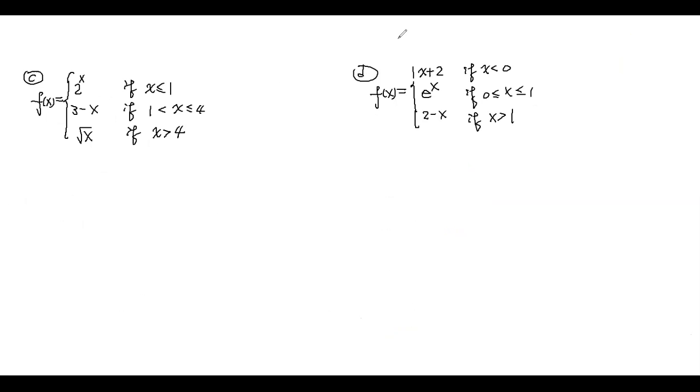Okay, so now let's take a look at the next two problems here. The next two problems want us to find the intervals of continuity, and whether the function is right continuous or left continuous, right? So we know the exponential function is a continuous function, a linear function is a continuous function, and a root function is a continuous function.